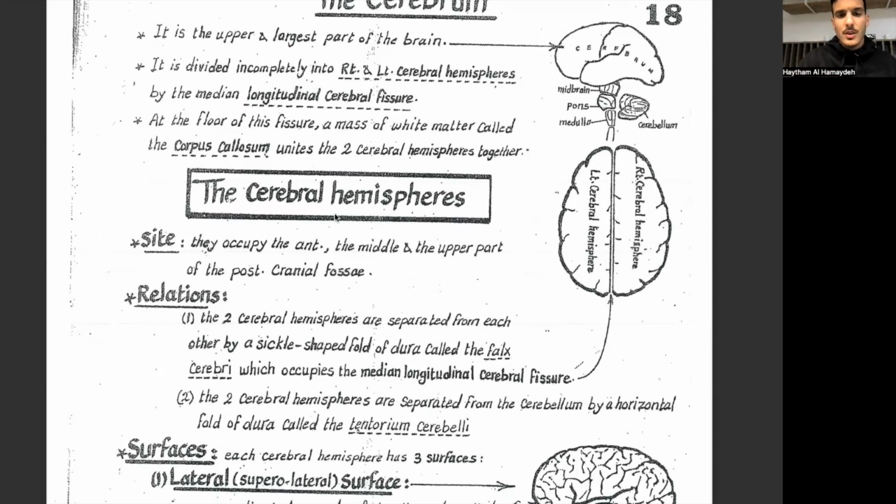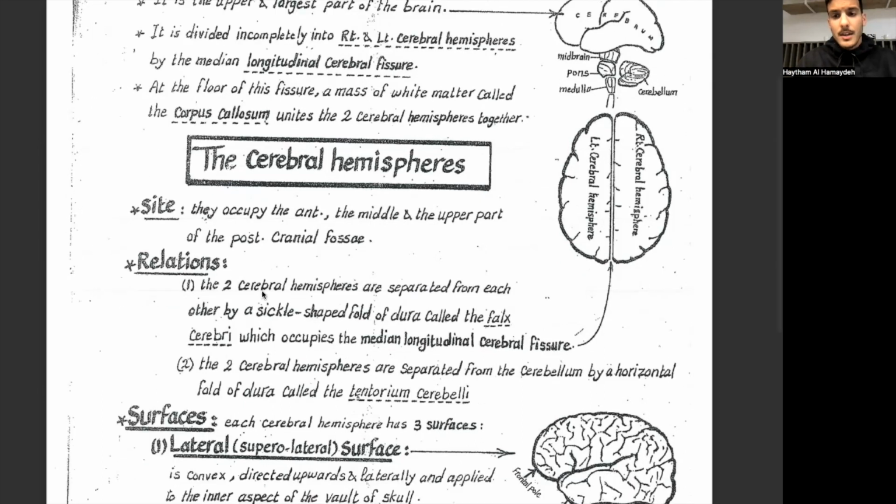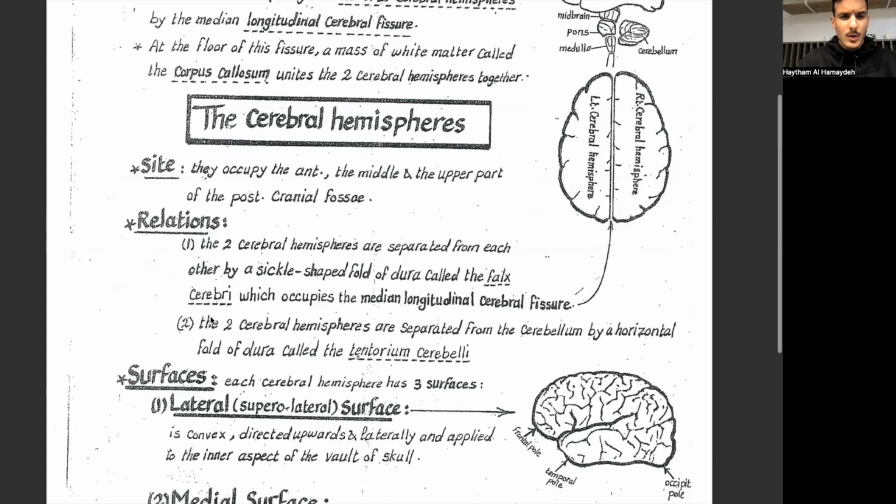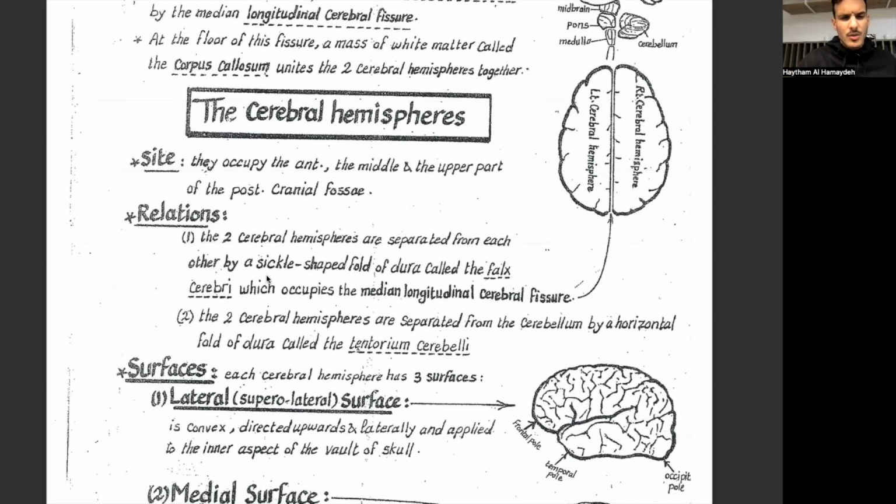Okay, so the cerebral hemispheres occupy the anterior, the middle, and the upper part of the posterior cranial fossa. Now, the relations: you've got dura, falx cerebri.